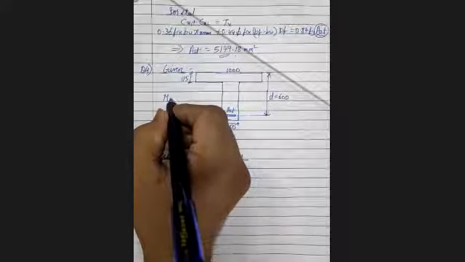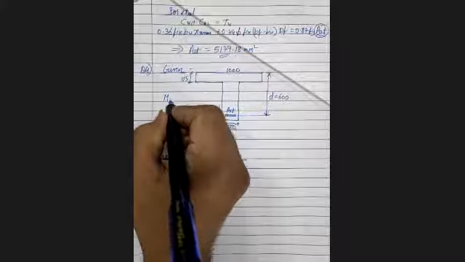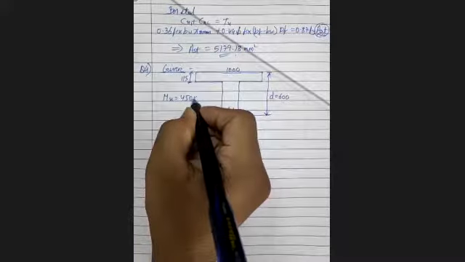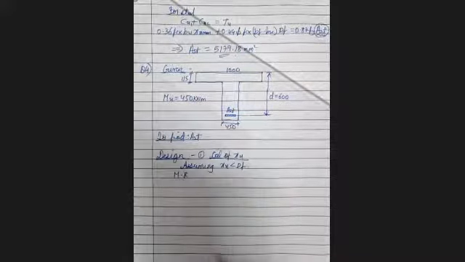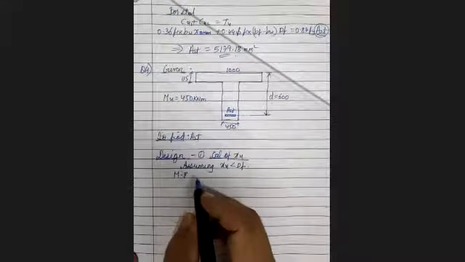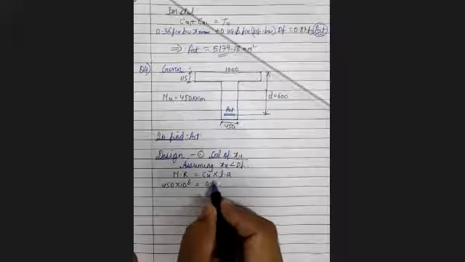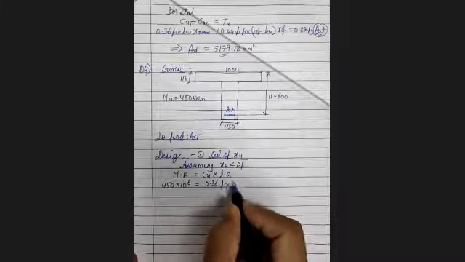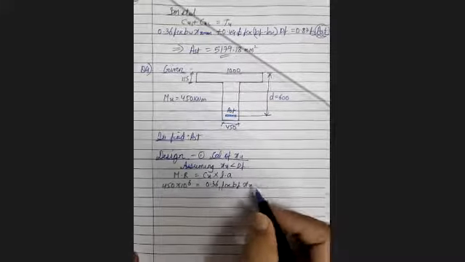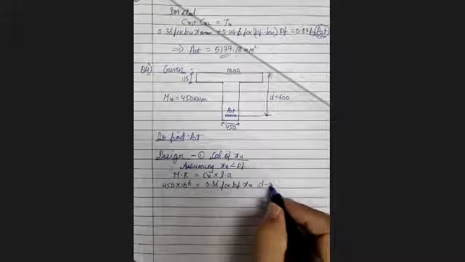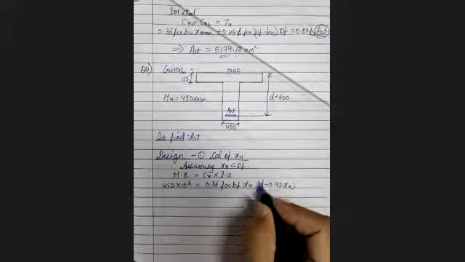So here, since MR is already given to us, okay, so the moment is already given to us, that is 450 kilonewton meter. To find out XU, we will use MR is equal to CU into lever arm. So MR is nothing but 415, and the lever arm is... okay.